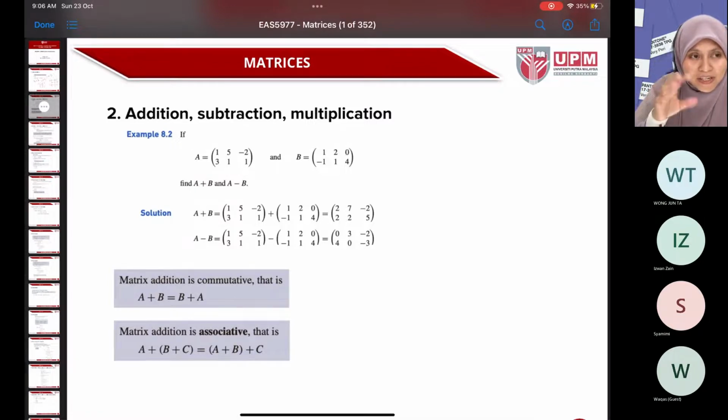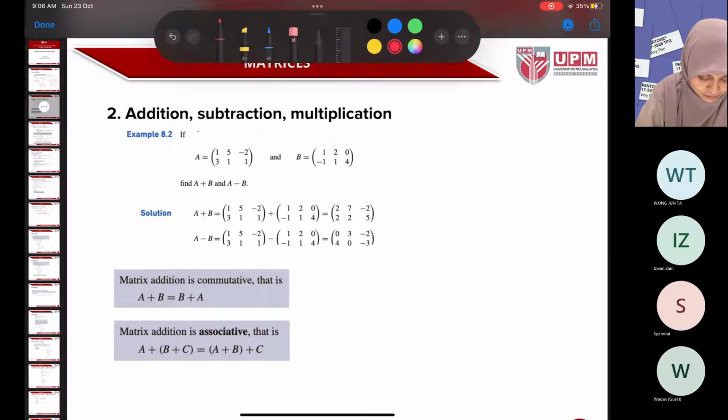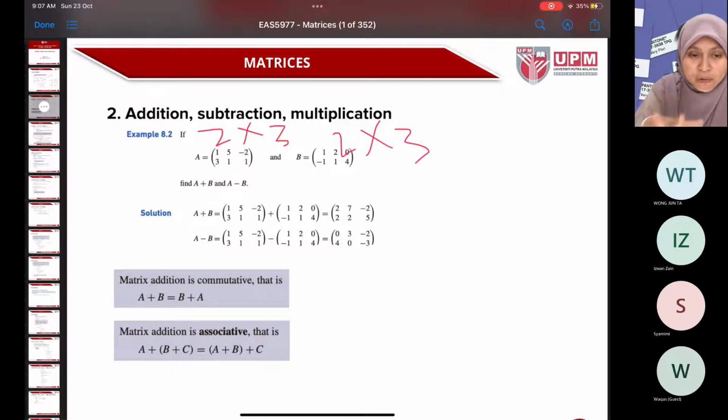Otherwise, we cannot add or subtract them.